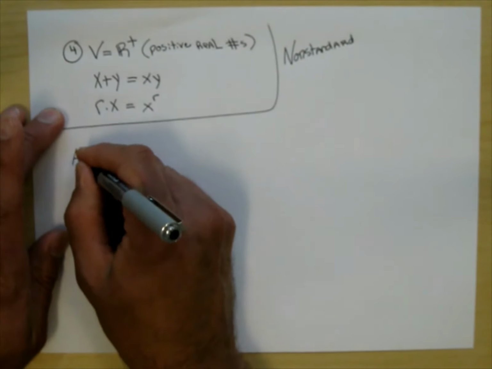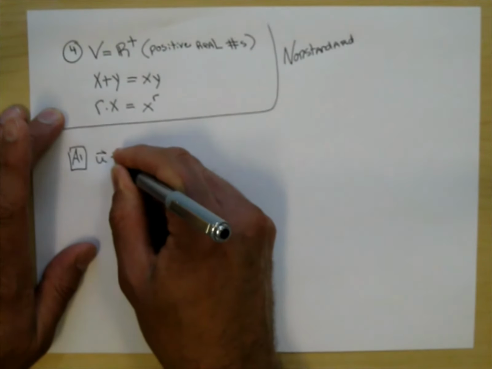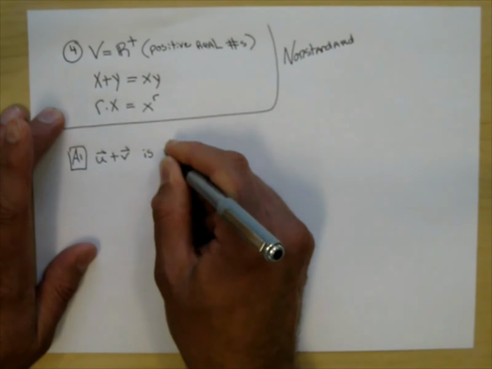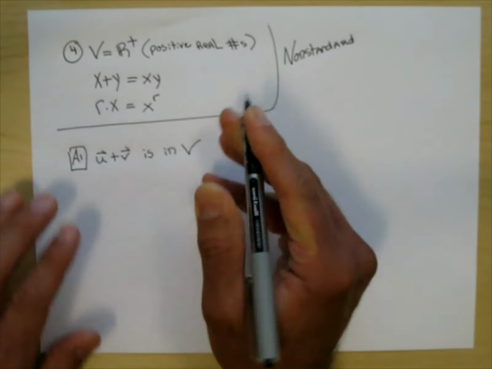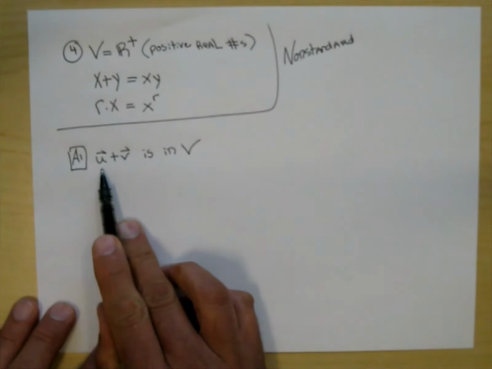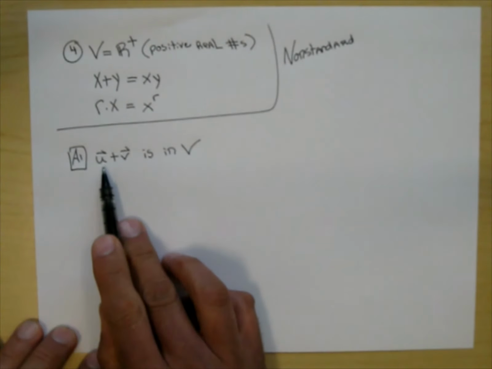Here is Axiom 1, which says u plus v is in the vector space. Okay, so what do your vectors look like? They are positive real numbers. If you take one positive real number and add it to another positive real number, okay, you're not really adding them, are you?